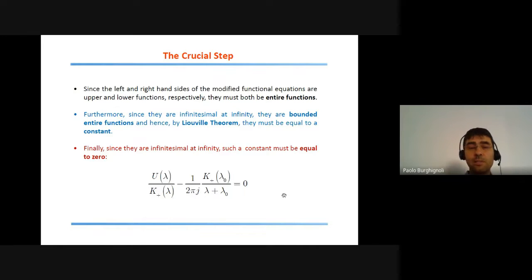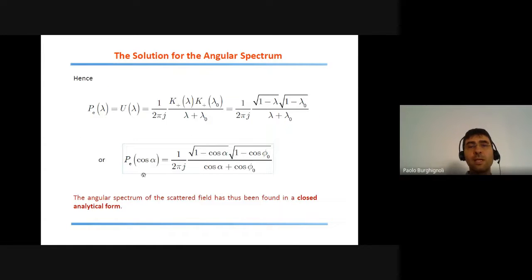And note that in this equation, the only unknown is u of lambda, so that you can now solve with respect to u to obtain an explicit expression for u, that is, for the spectrum p sub e of lambda. This is equal to 1 divided by 2 pi j times k plus of lambda times k plus of lambda 0 divided by lambda plus lambda 0.